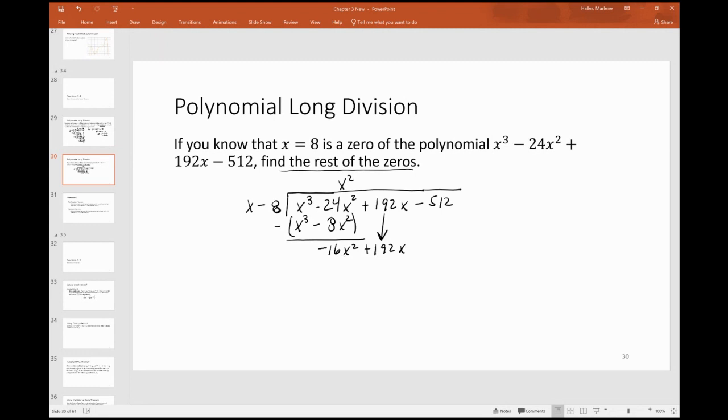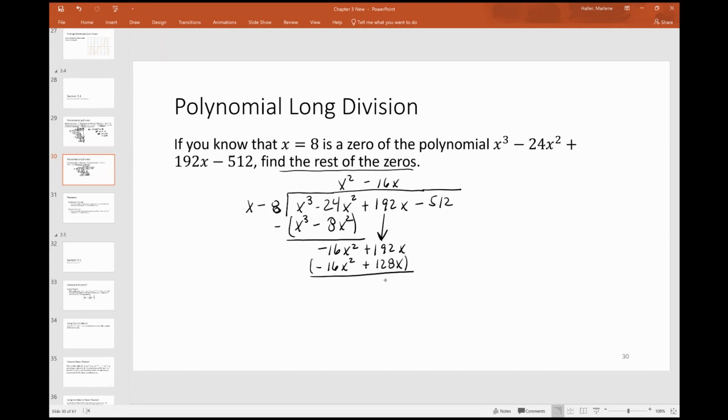x goes into -16x squared, -16x times. Multiply that out. We have -16x squared, and -8 times -16 is positive 128x. Subtract that out. The -16x squared subtracts out.